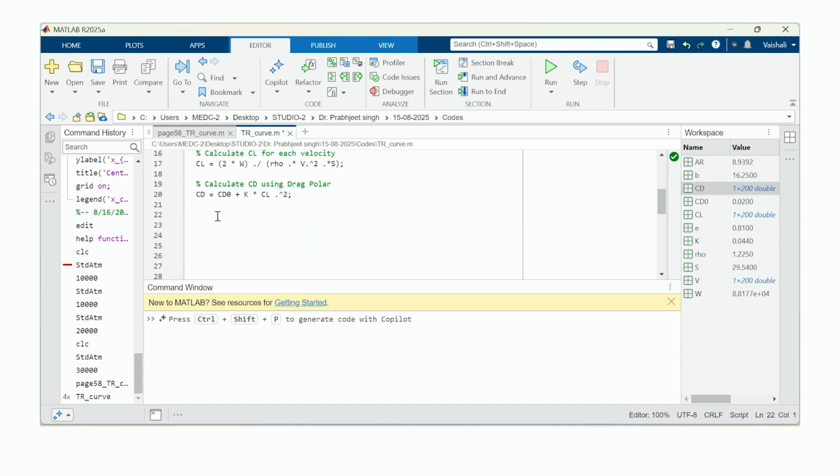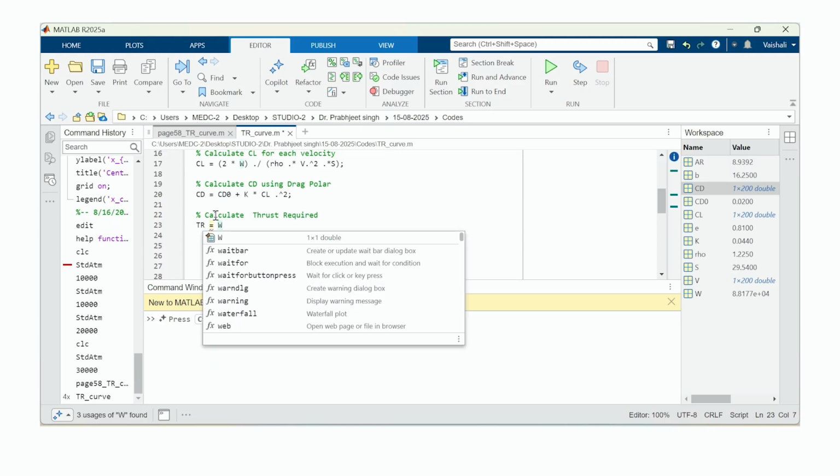Then immediately we can find thrust required. I'm skipping the step of CD over CL, which we can include directly in thrust required. So calculate thrust required: TR equals W into CD by CL.